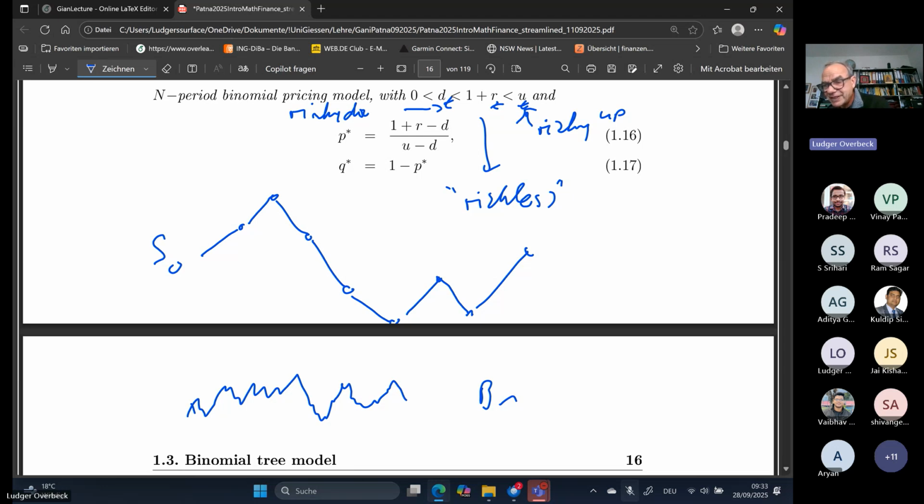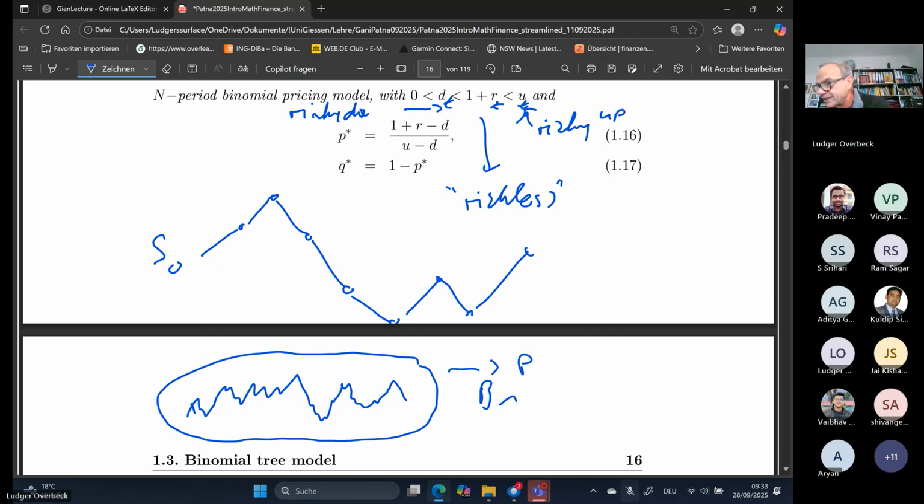Basically, people use these continuous time models, and you will see it, and then you derive PDEs, and they are solved by tree methods, and also by finite difference schemes. That finite difference scheme I'll be discussing today.